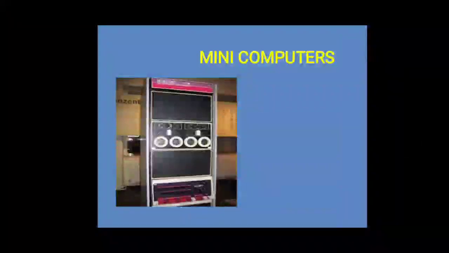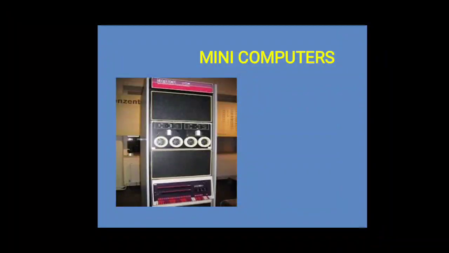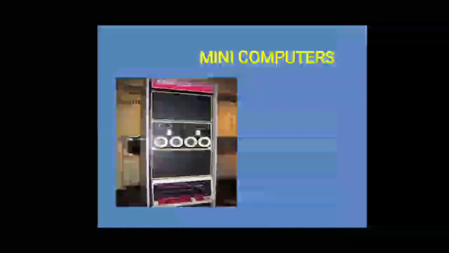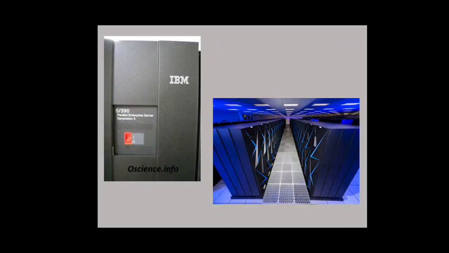Minicomputers are also called mid-range computers. Examples of minicomputers are IBM mid-range computers, Prime computers, and the IBM System 360, which I already showed you. This is also an example of a minicomputer.